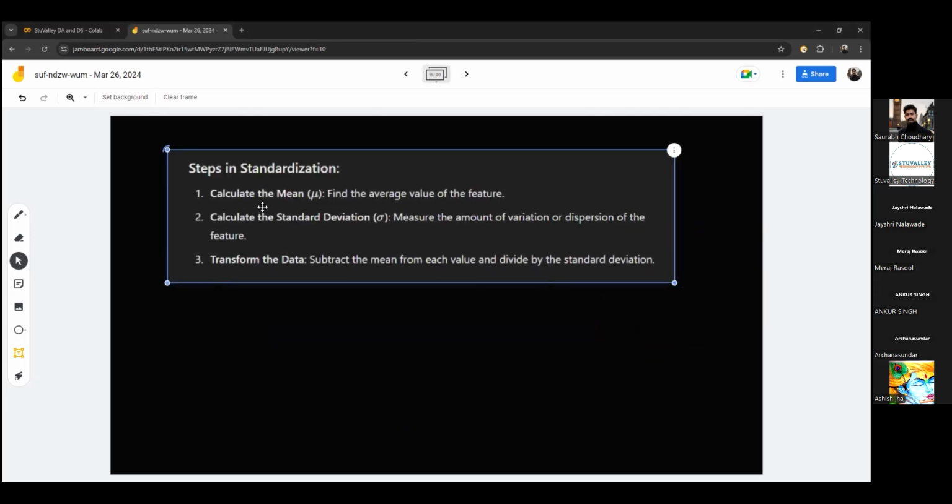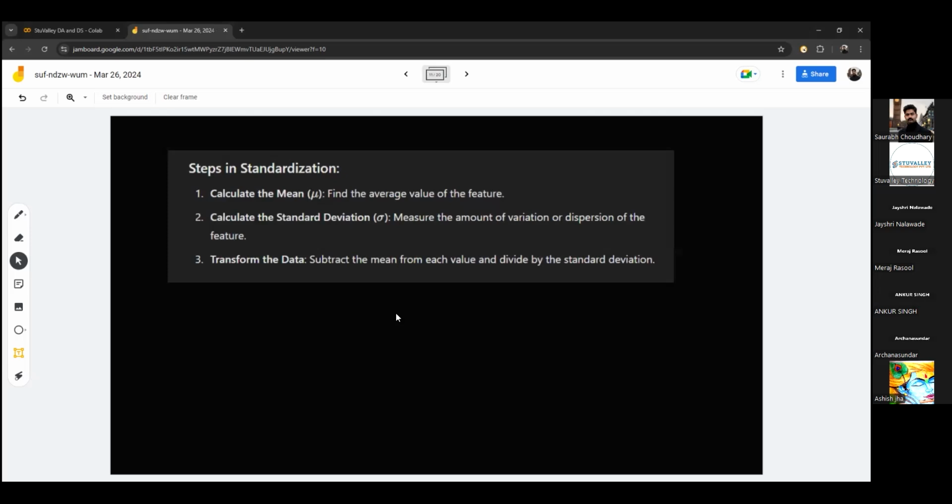Okay, so we have some steps here for standardizing: calculate the mean first, calculate the standard deviation, and then transform the data. Subtract the mean from each value and divide by the standard deviation. This is the step. Okay, so do we need to do this?